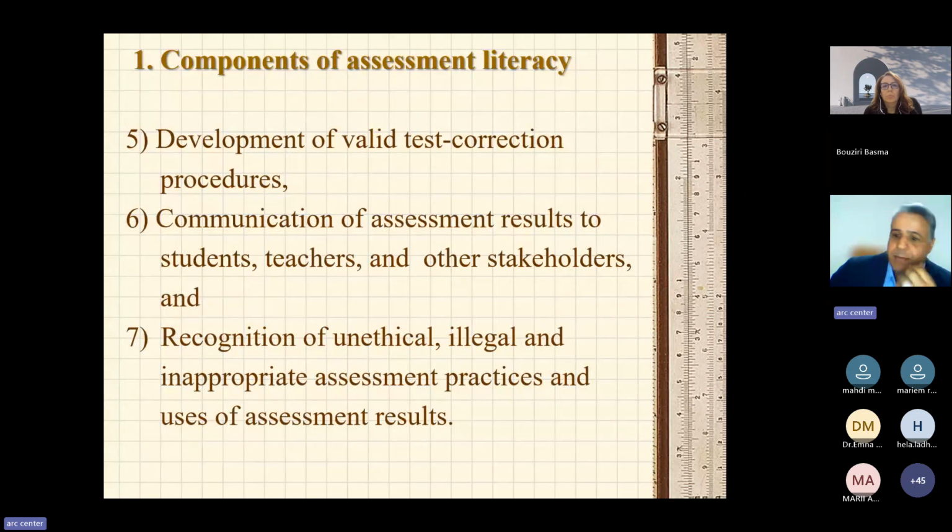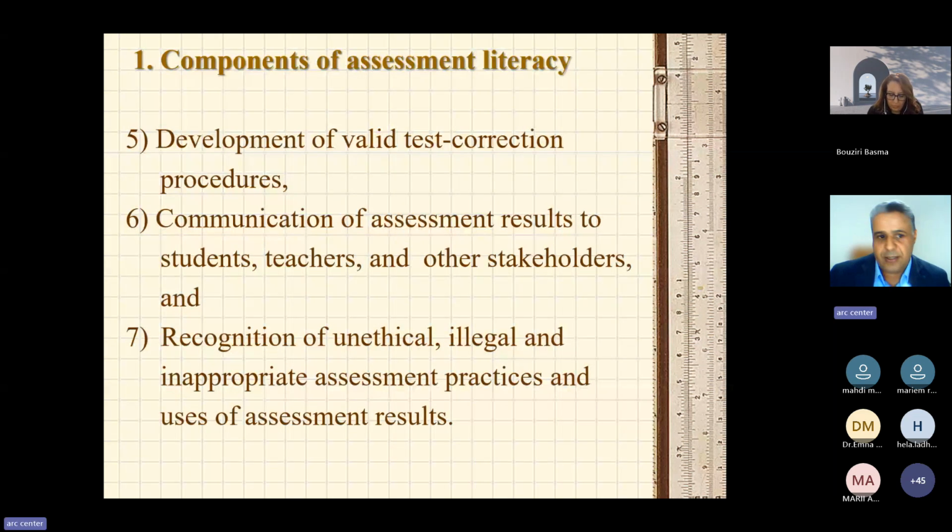If, for example, you don't have this possibility, if one course is taught by one teacher, what is the valid test correction procedure? Do you ask the person to correct twice? Do you make a scoring key? Do you have a specification, for example, a test specification document? There are different options that can be used here.